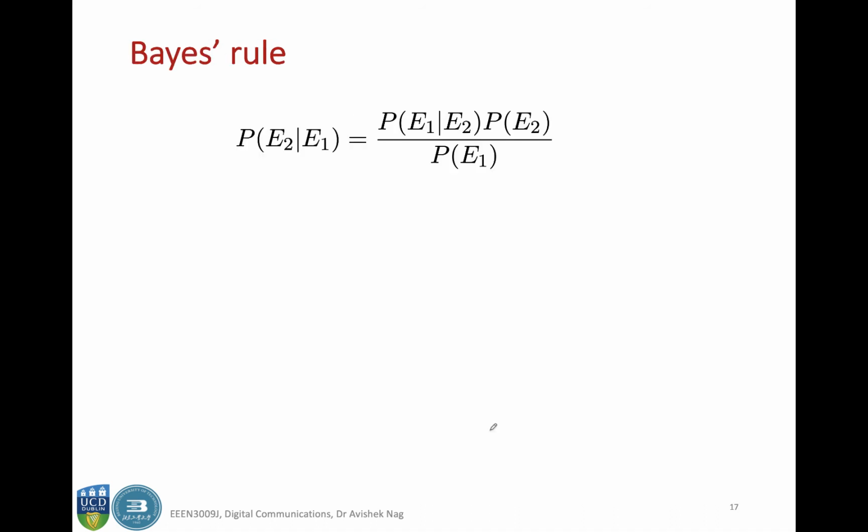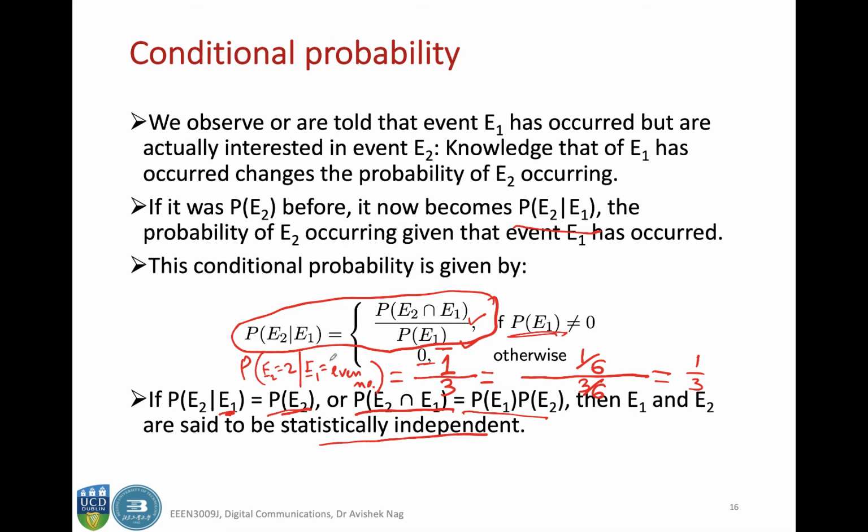So moving on, using the relationship of the conditional probability in the previous slide, we can write the Bayes rule as this. Probability of E2 given E1 is equal to probability of E1 given E2 times probability of E2 divided by probability of E1. This comes directly from the relationship in the previous page.